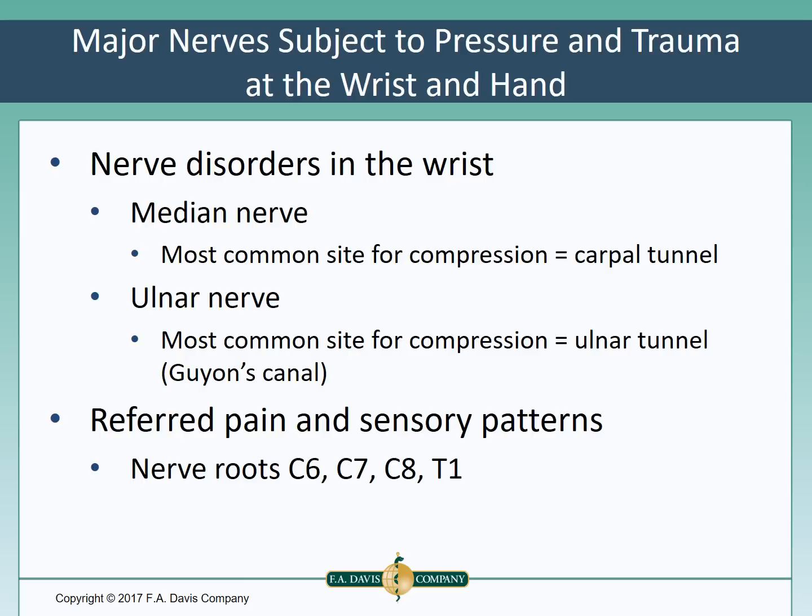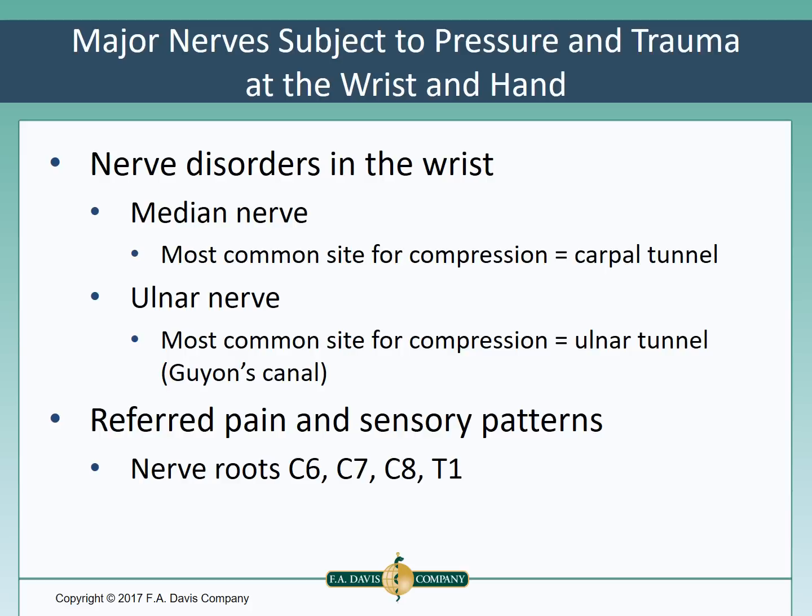That sounds like a nerve problem. I just don't know if it's coming from the neck or the shoulder or the elbow or the forearm or the wrist or the hand. There's a ton of sites of compression for each one of these, and I have to go through and try to systematically rule out the ones that aren't there.